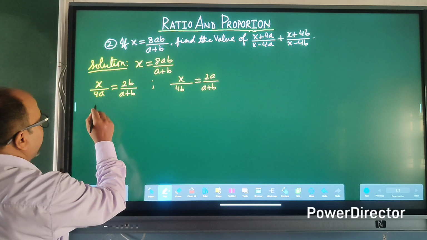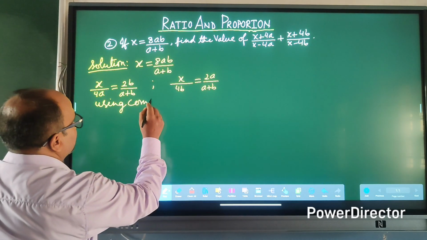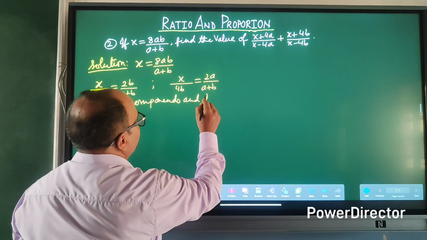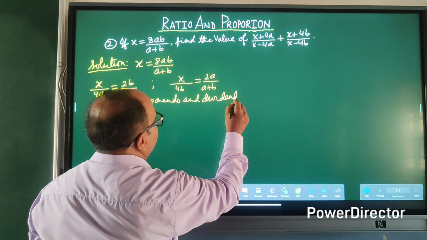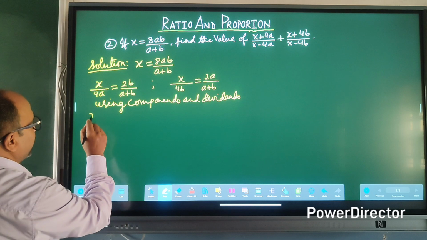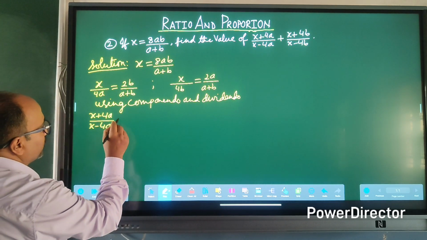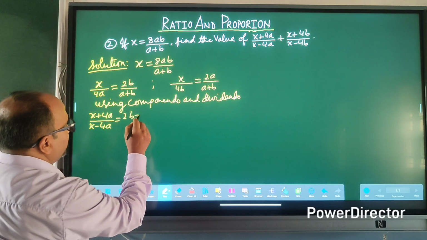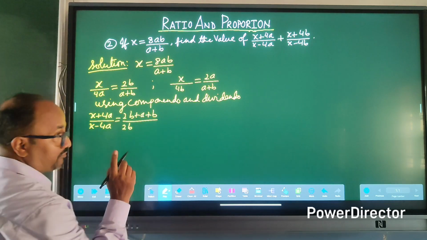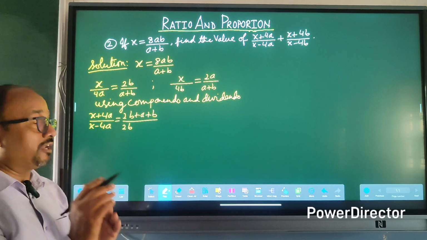So we write here, applying componendo and dividendo. I get x plus 4a by x minus 4a, and this is 2b plus a plus b, and here 2b, now we have to be careful, minus the denominator part.